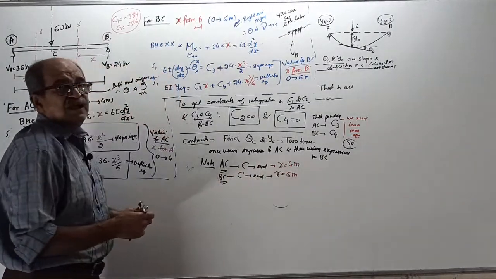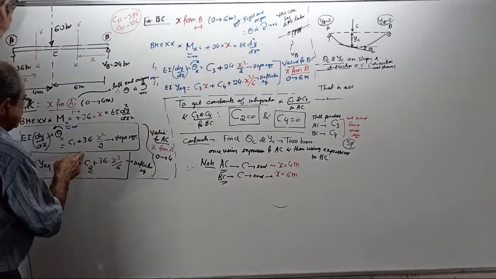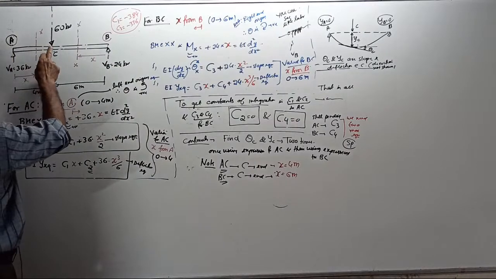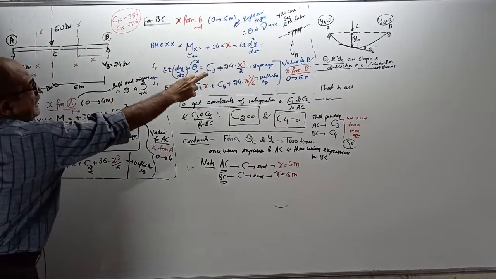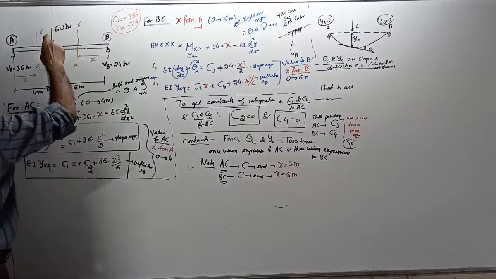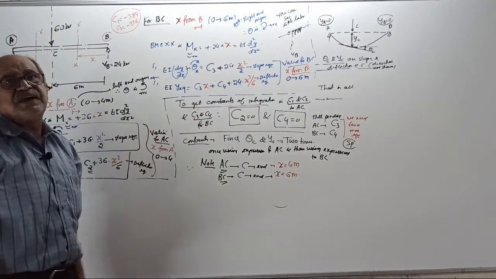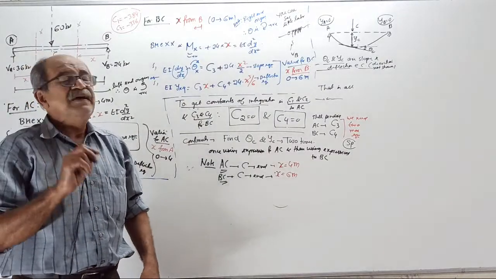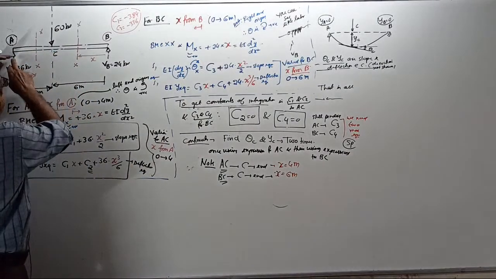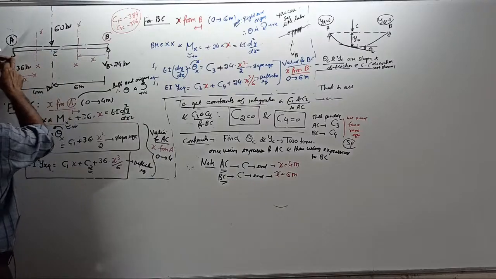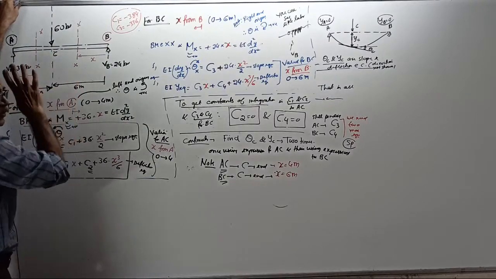This equation is valid from A up to C, including C. That equation is valid from B up to C, including C. Therefore, both the equations are valid for the point C. Here x equal to 4, there x equal to 6.